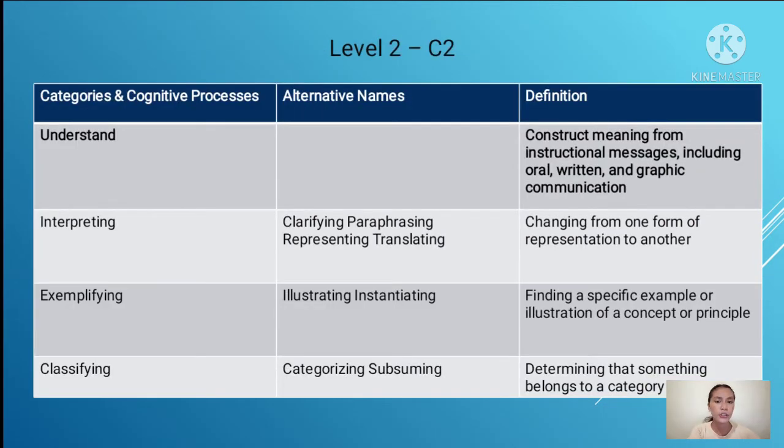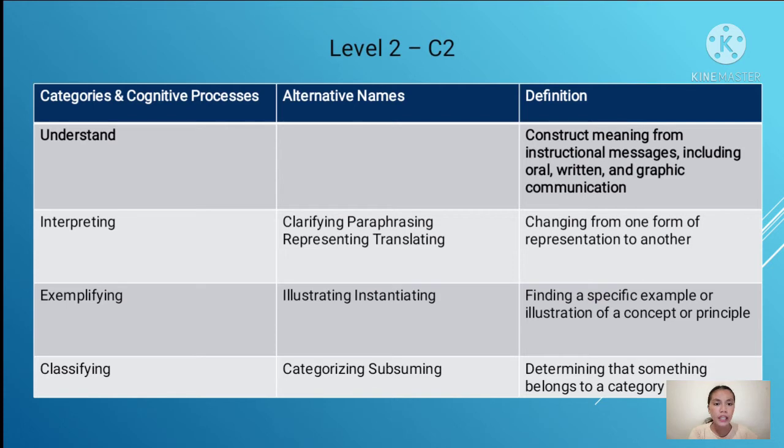Next is level 2, category 2, which is understand. Its definition is to construct meaning from instructional messages, including oral, written, and graphic communication. Its cognitive processes are interpreting, exemplifying, classifying, summarizing, inferring, comparing, and explaining.